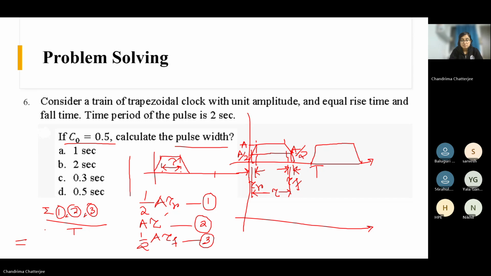So we get A times tau dash plus tau r, divided by capital T. That is our average value. That is equal to 0.5, C naught.